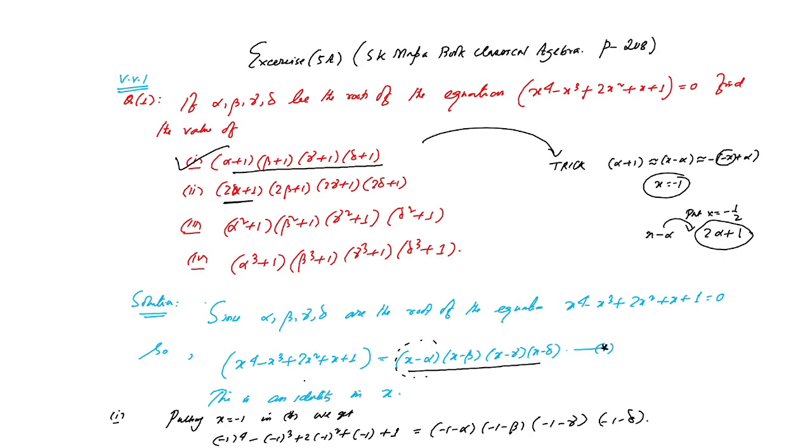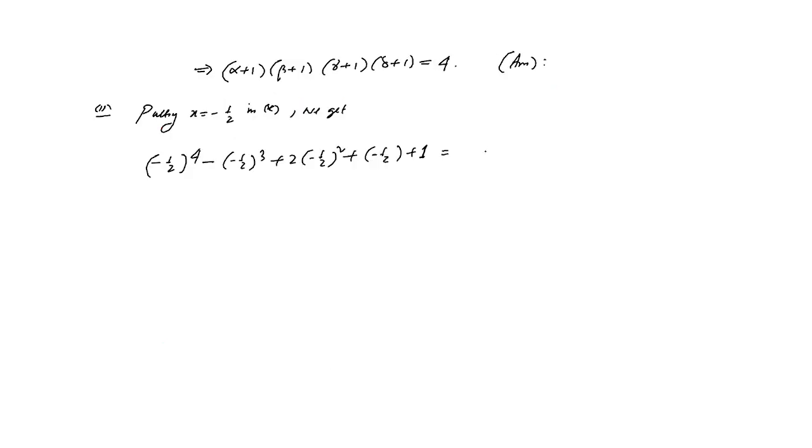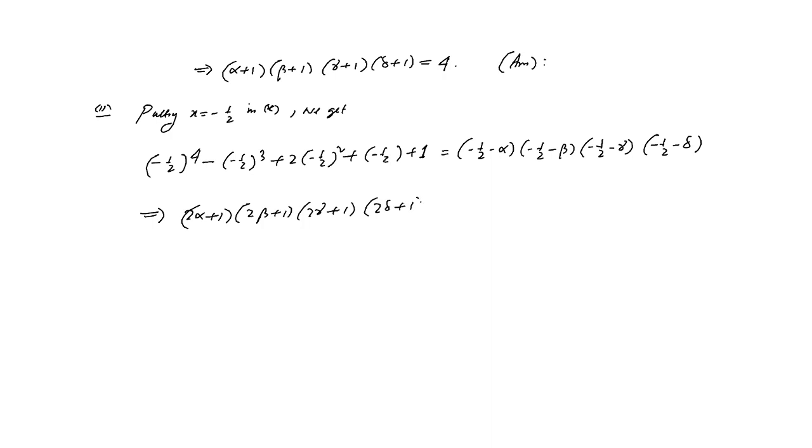That will be the left hand side. Right hand side, minus half minus alpha, minus half minus beta, minus half minus gamma, minus half minus delta. So from that you will see 2 alpha plus 1, 2 beta plus 1, 2 gamma plus 1, 2 delta plus 1. That value will be 19.